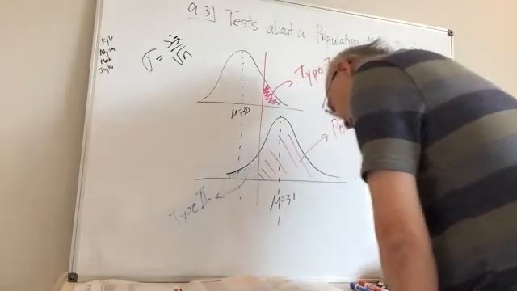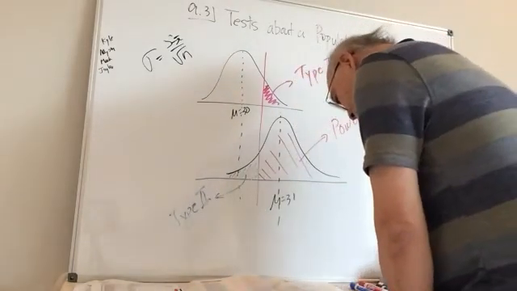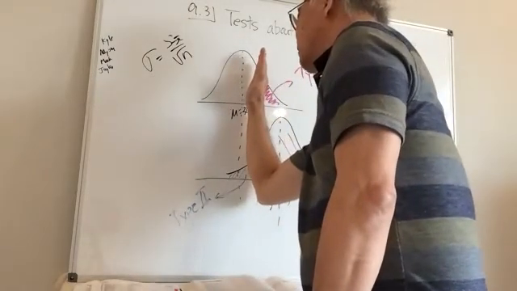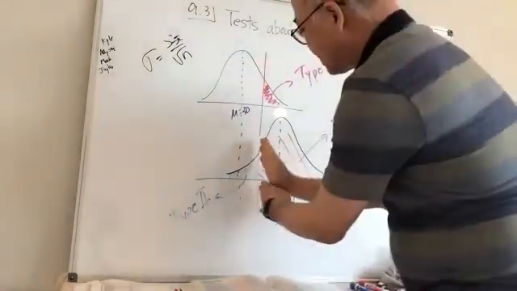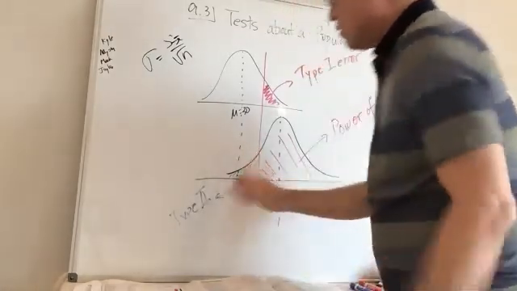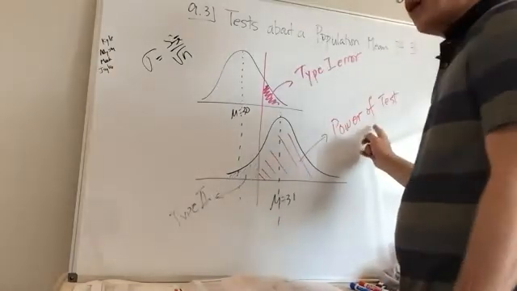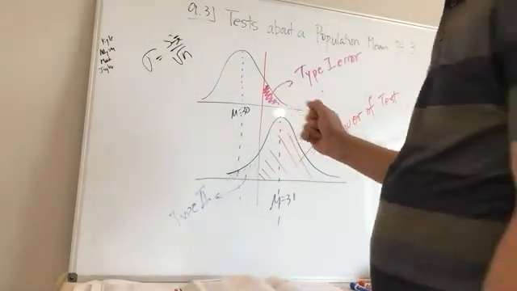The second one is the significance level alpha is larger. If the significance level alpha is larger, you're going to push this over here, which means type 2 error becomes smaller. Consequently, the power of the test becomes larger.